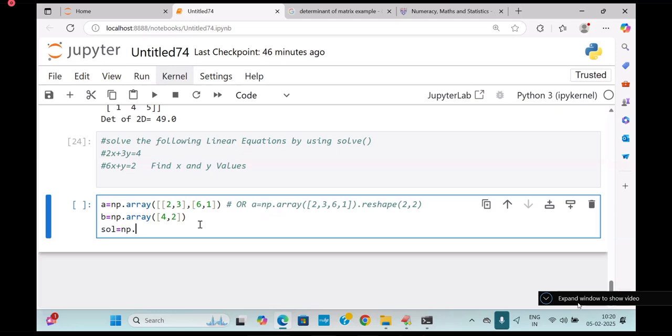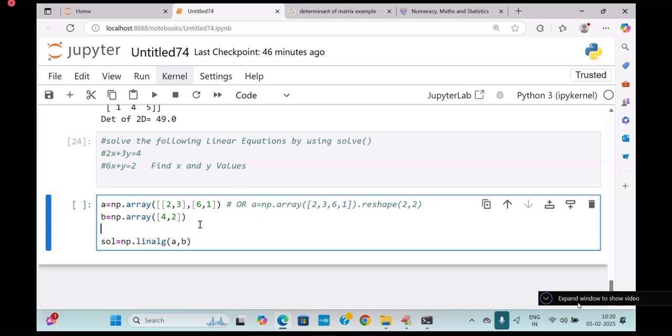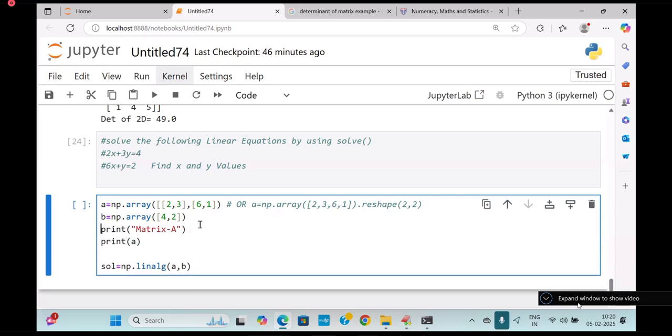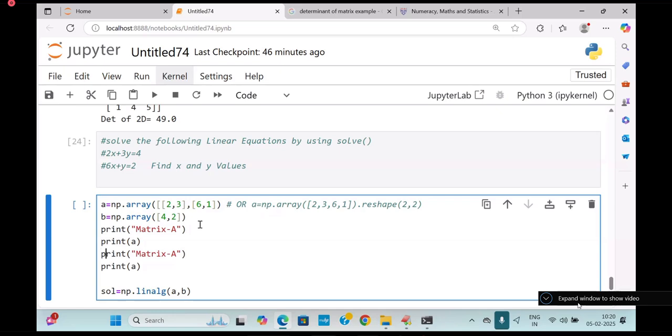See, solution is equal to np dot linalg dot solve of A comma B, I am passing. I will print matrix A and matrix B here. The linear equation is converted into this format, and then I get the solution set.